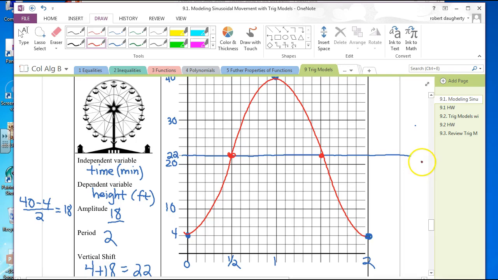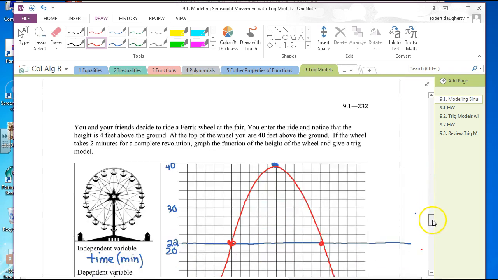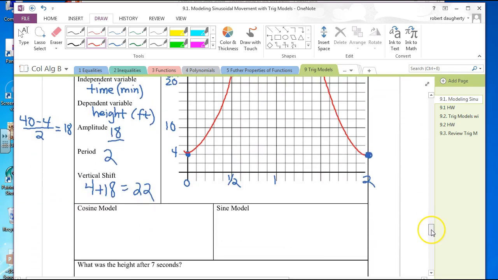To write the cosine model, since it's a reflected cosine, h of t equals minus, what's the amplitude? 18. And then it's cosine. If the period is 2, how do I figure out B?